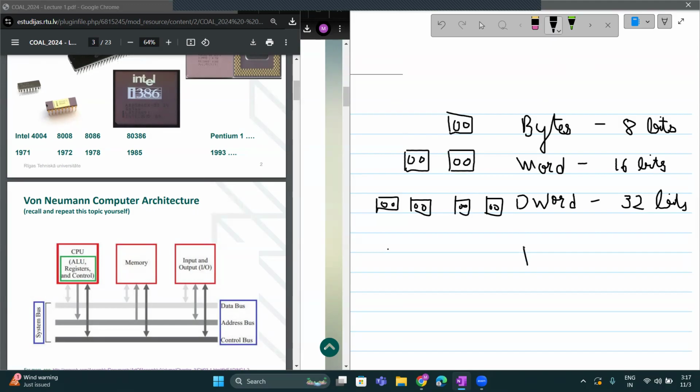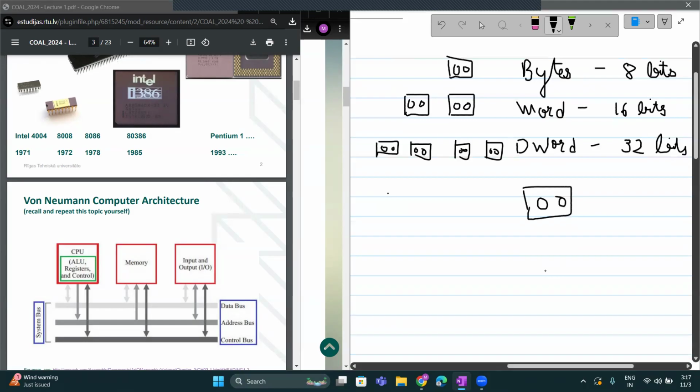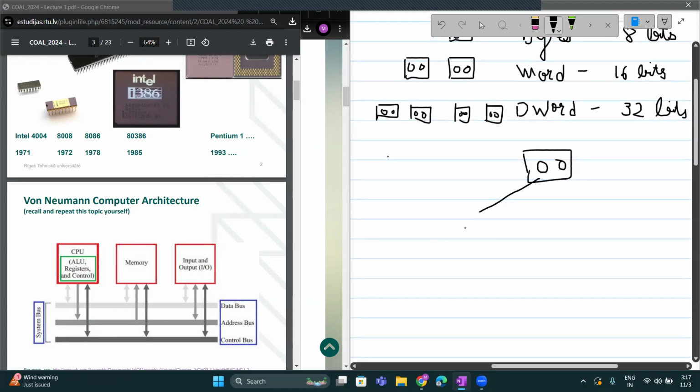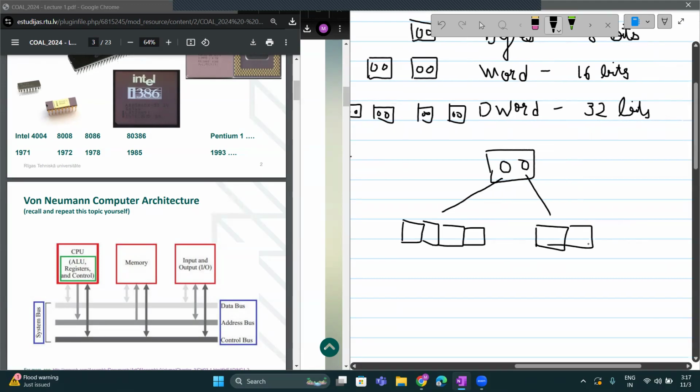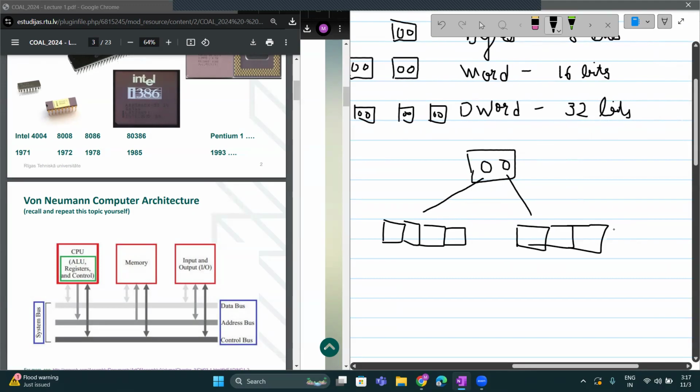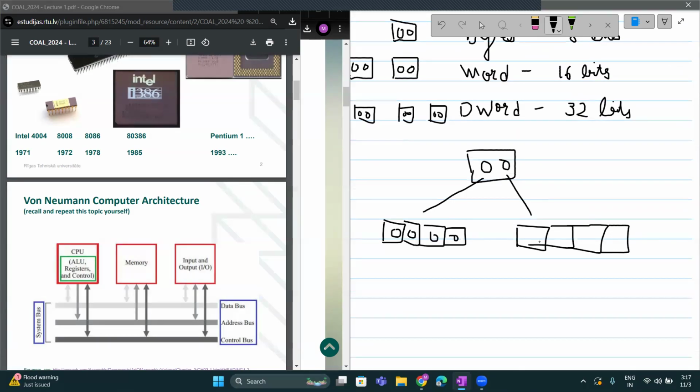And for reference, if we are making a byte like this, then each digit means 4 bits. That's how it makes up a byte. 0, 0, 0, 0, 0, 0, 0.